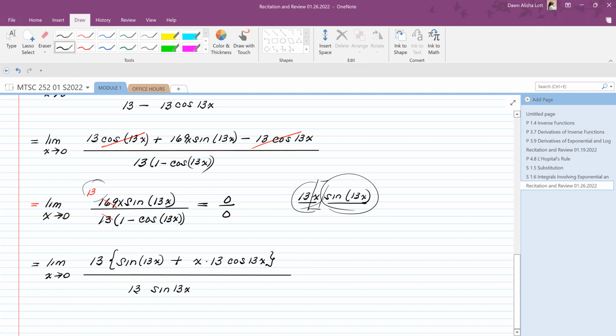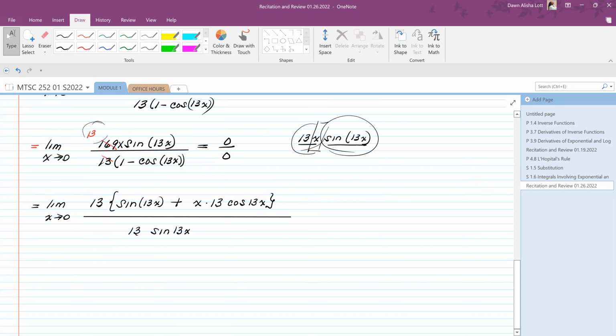In the denominator, I just had sine of 13x, I didn't have a 13 in front.